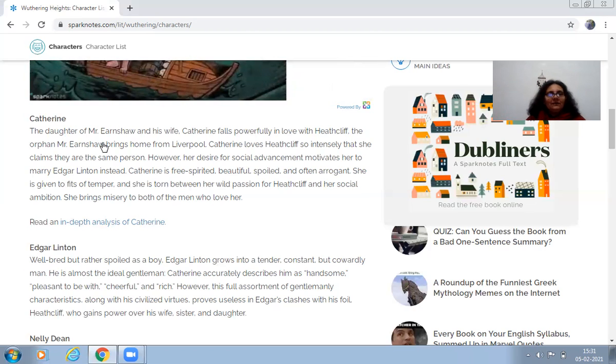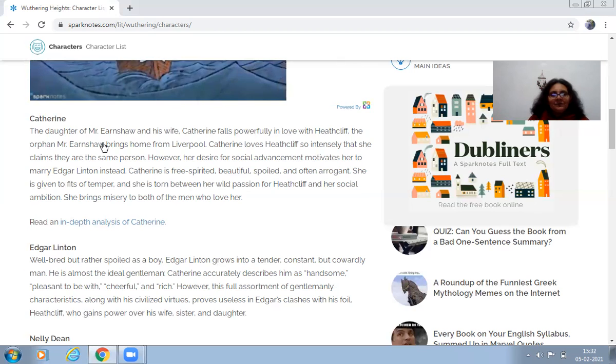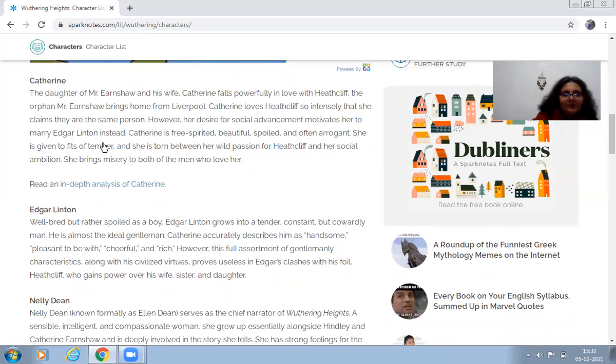Hindley and Catherine are children of the storm. They are violent. These Lintons are very calm, and the Linton family treats them so well. Catherine is impressed, and she somehow marries Linton. So who is Linton?